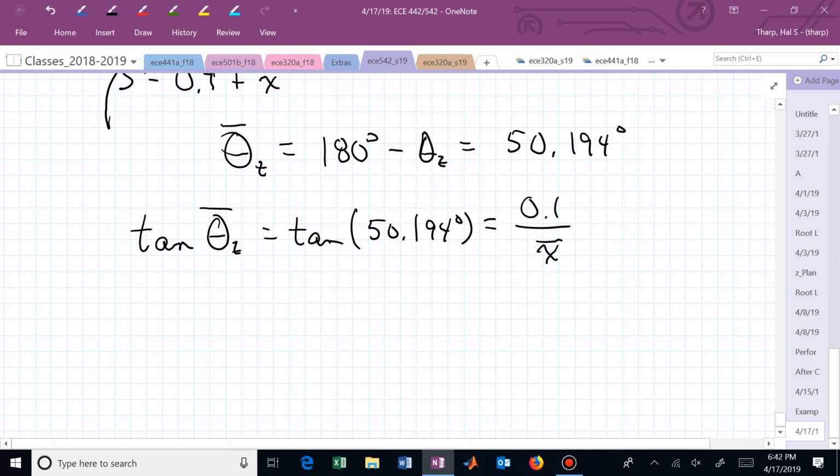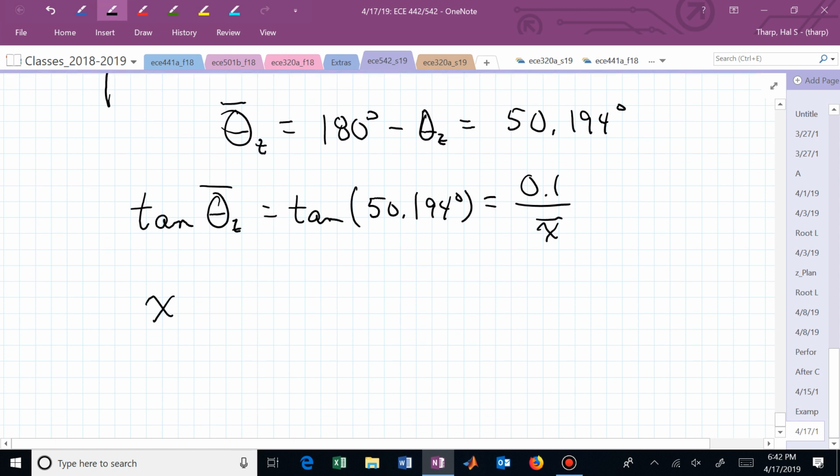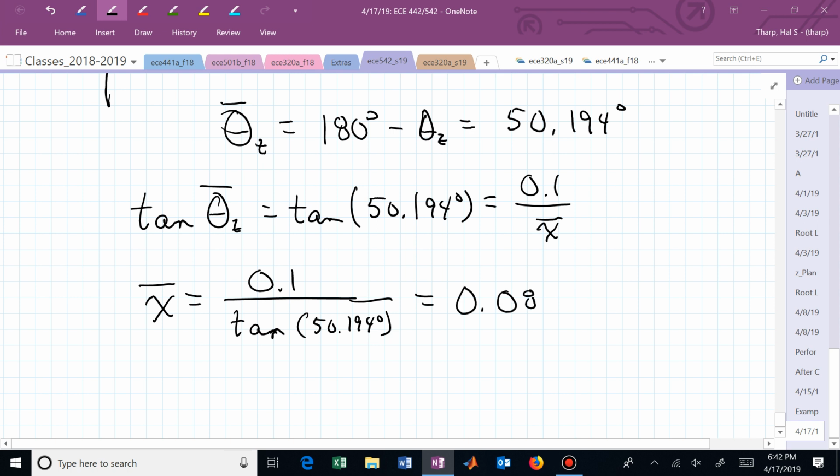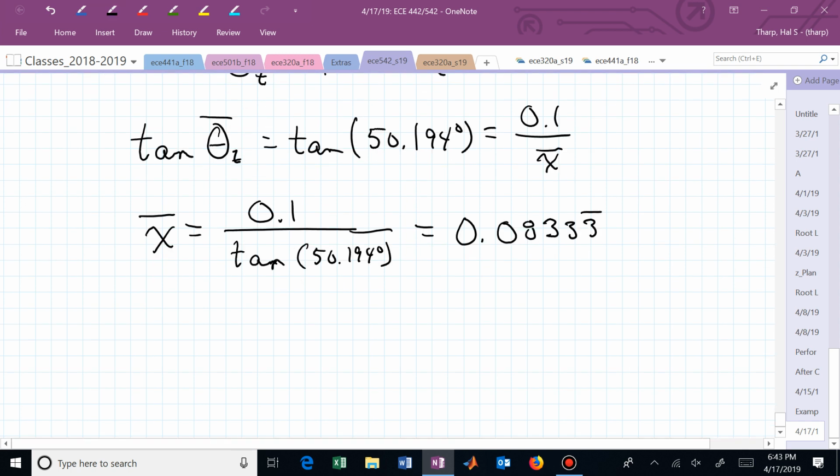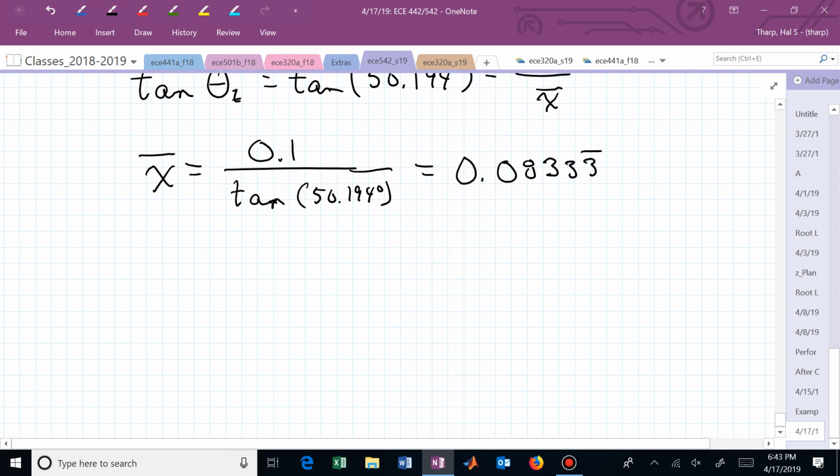And I can now solve that for x bar. X bar now becomes 0.1 over the tangent of 50 degrees, which ends up being 0.08, and my 3's can repeat.